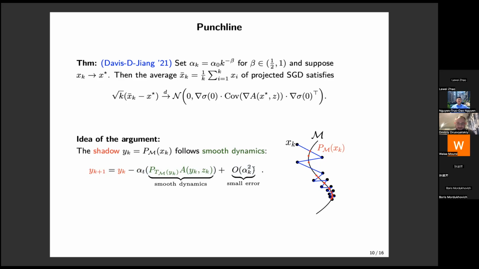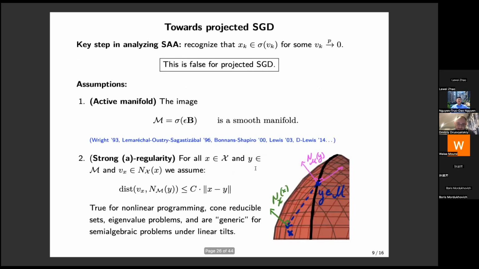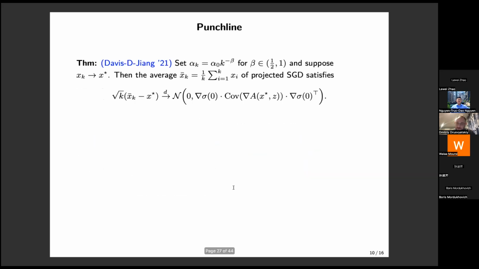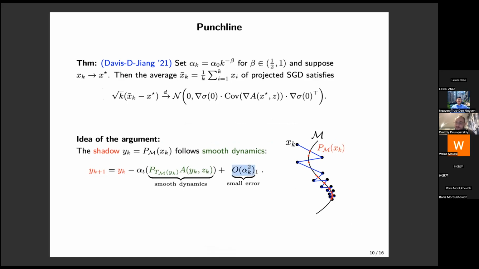And these assumptions, in particular strong irregularity, that's where it's used. It's to control this error when you're crossing the manifold, in order to describe the dynamics of the y's as being smooth plus an error term. If you do a bunch more stuff, but this is essentially the idea, you get the asymptotic normality. So this is the main idea of the argument.